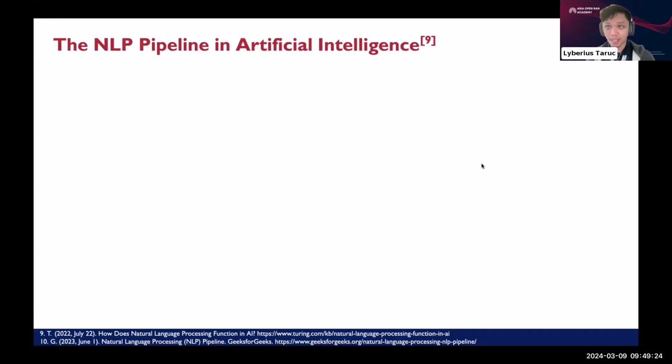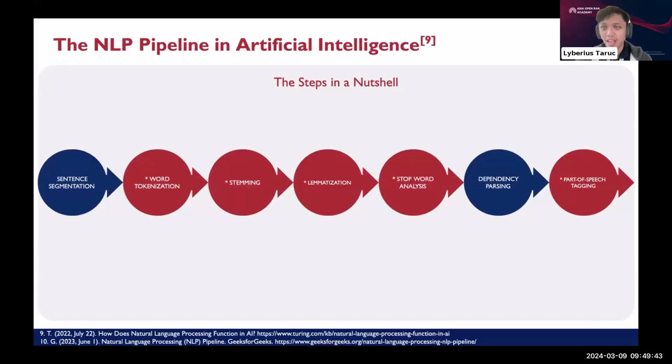We might be able to make sense of it because, hey, we know what we wrote down, but how is the machine or the model able to understand what we have written? So this is where the pipeline would come in, and it would consist of several steps.